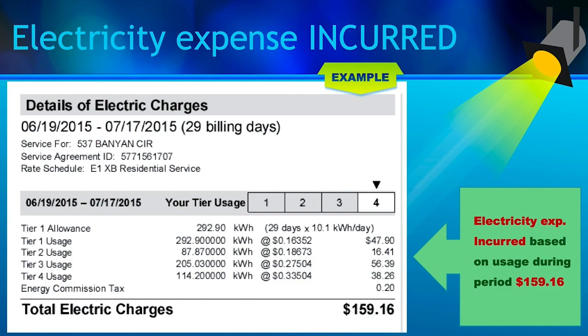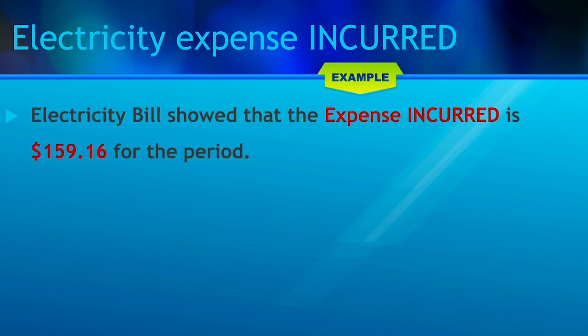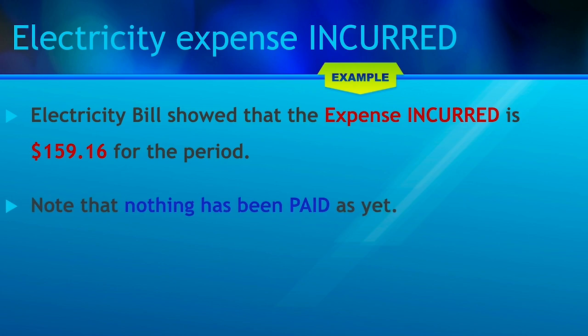Now, when you get your bill, have you paid it as yet? You cannot pay it until you get your bill. So which means that this is incurred, but it still has not been paid as yet. So once again, the bill shows how much was incurred, which is $159.16 for the period because of usage, but it has not been paid as yet.